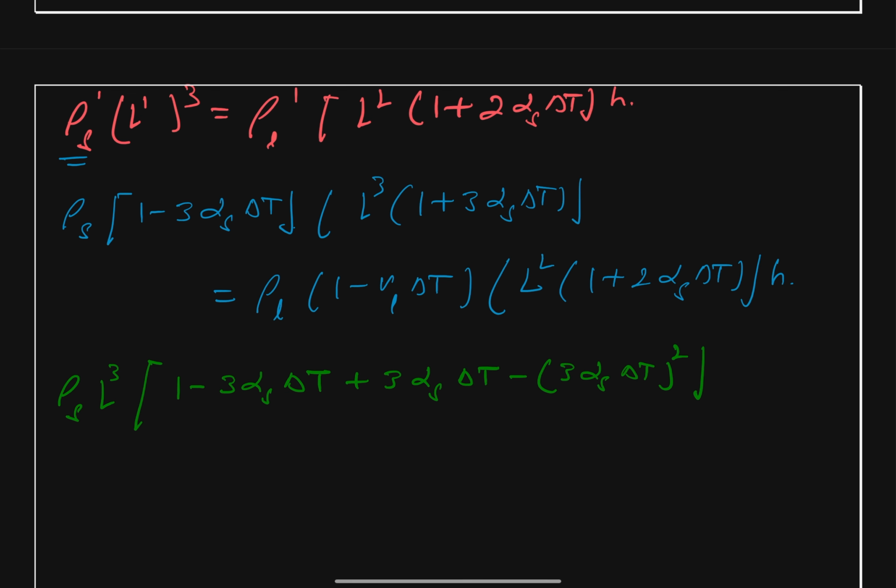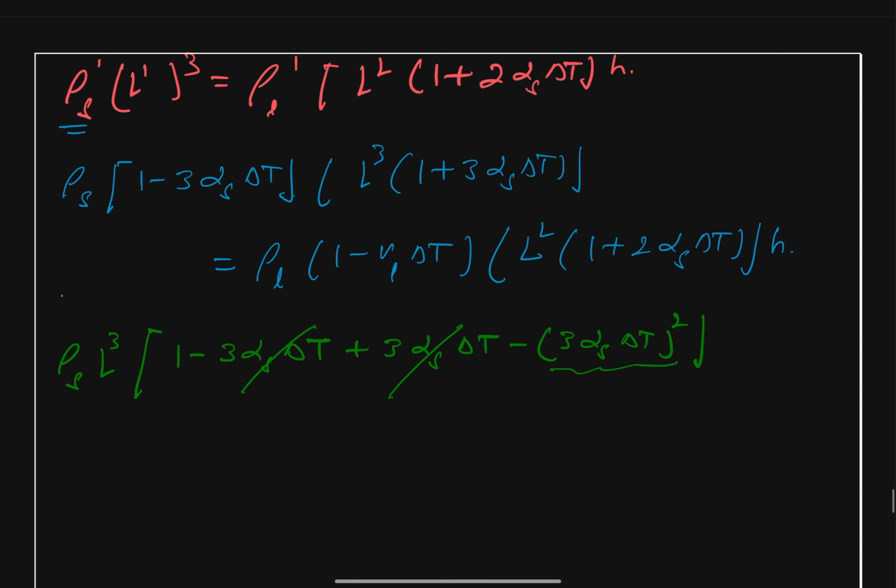This term, because it is very small, we are going to neglect it, and these two terms cancel out. So the left hand side comes as rho S multiplied by L cube. This portion we are neglecting.